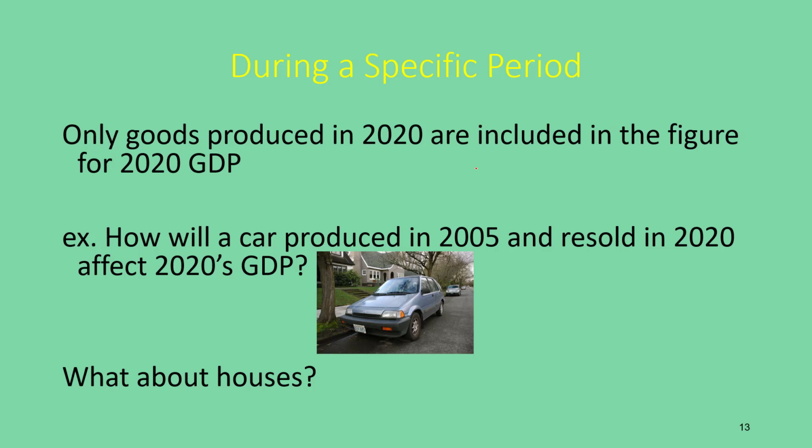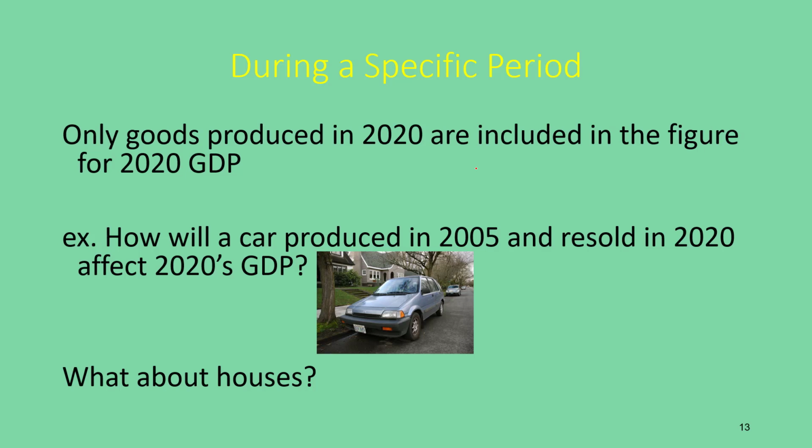Now, if you did something to that house in 2020 to increase the value of it, if you say added a room, or if you painted it, or if you repaired the roof, if you put granite countertops in the kitchen, if you added solar panels, if you did something before you sold that house that increased the selling price of that house, well then again, the value of the production of those improvements would be included into, say, 2020's GDP, right?